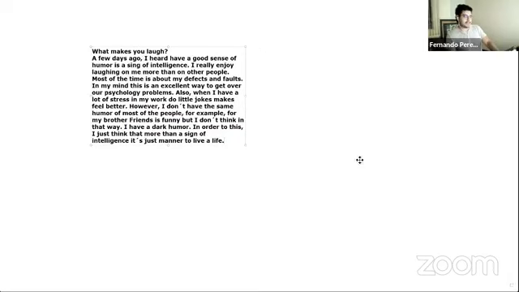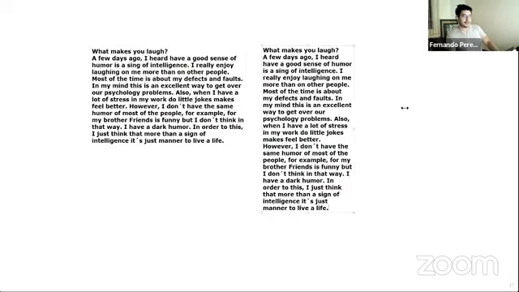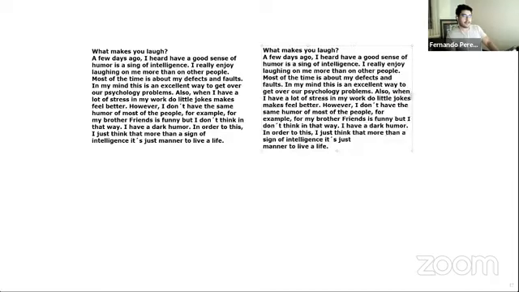What makes me laugh? A few days ago, I heard have a good sense of humor is a sign of intelligence. The word that you look is sign. The spelling is different: S-I-G-N. The G and the N switch. But precisely over here, I heard this should be a noun.